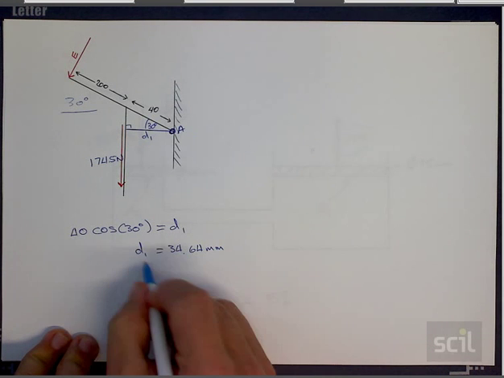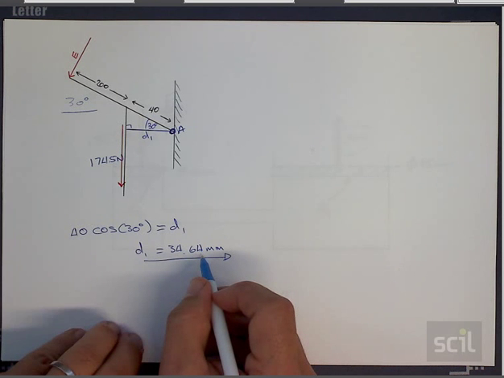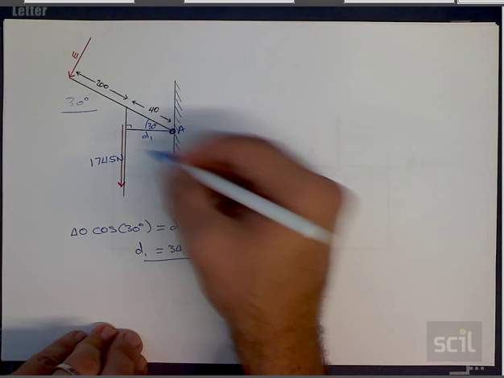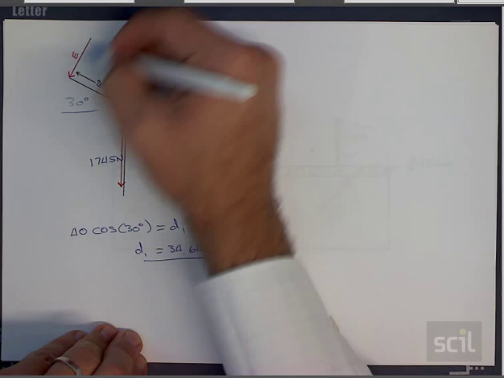Now that we know distance 1 is 34.64, it's quite a simple calculation where we're just saying, well, that distance multiplied by that force is equal to this distance multiplied by this force.